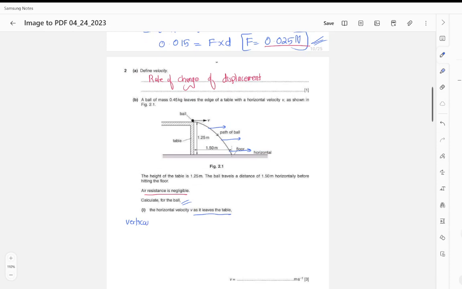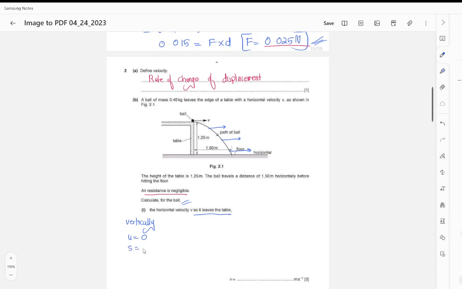So vertically, initial speed is going to be 0. The final speed, be careful, I'm going to be using V, but that is going to be Vy then. Vy, we don't need that.